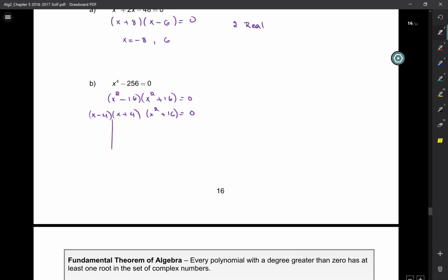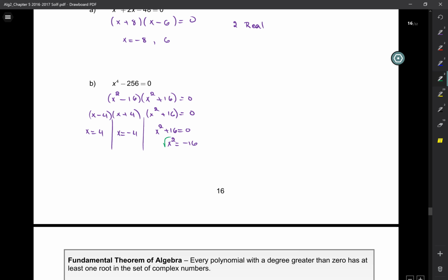Now, the first factor gives me a 0 of x equals 4. What about the second factor? x equals -4. Here, x squared plus 16 equals 0. x squared equals what? -16.